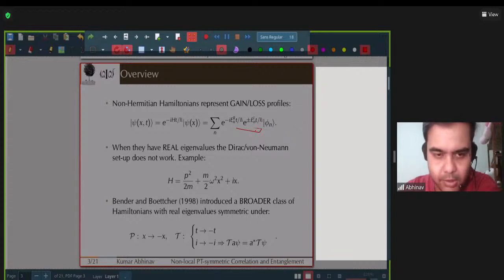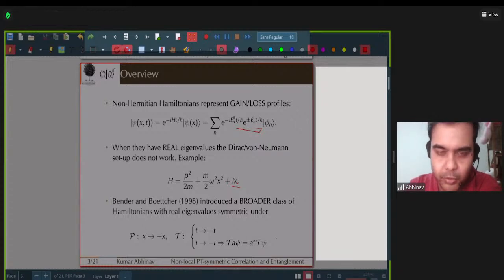It means that the Hamiltonian is not Hermitian, as you can see here there is an ix term. But it is symmetric under parity, which is the space reversal, and time reversal, which changes t to minus t, but also i to minus i, because it has to be anti-unitary.